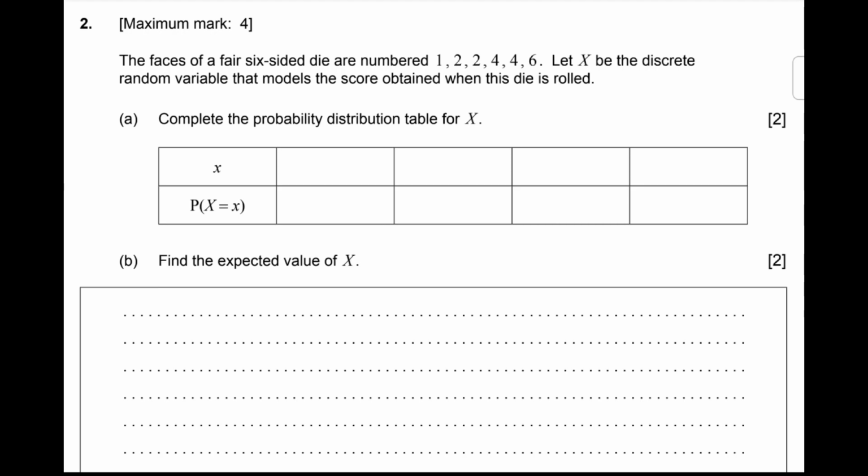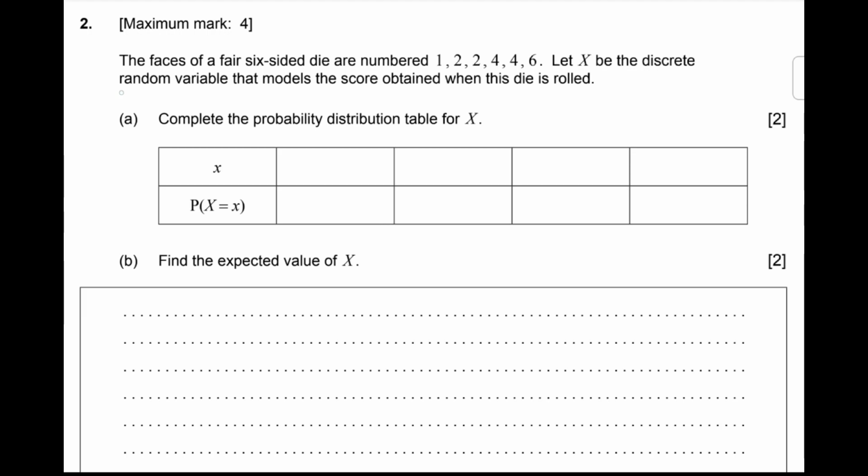Question number 2. Here is a question about probability, and we need to use probability theory to solve this problem. You have the faces of a fair 6-sided die, which are numbered 1, 2, 2, 4, 4, 6.